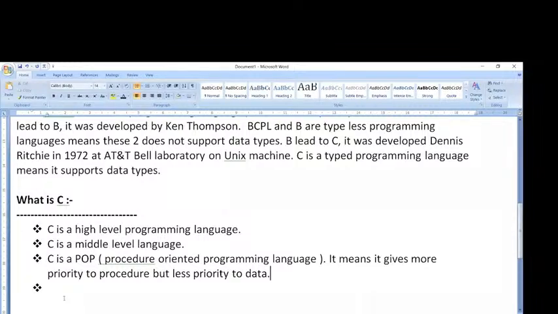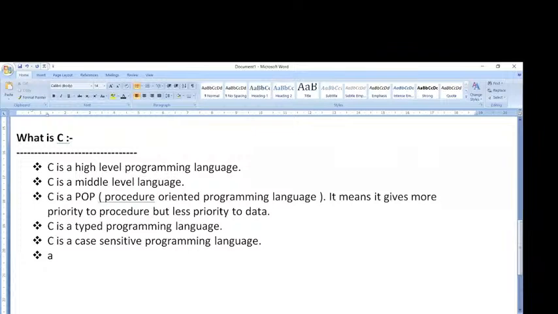Types. C is a case sensitive programming language. That means, suppose it is small a, capital A and small a are both different.